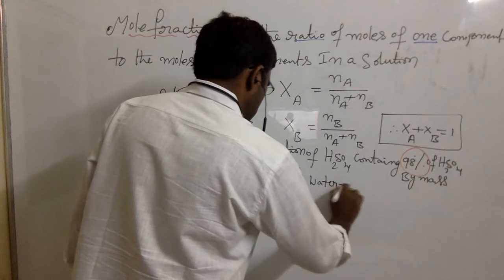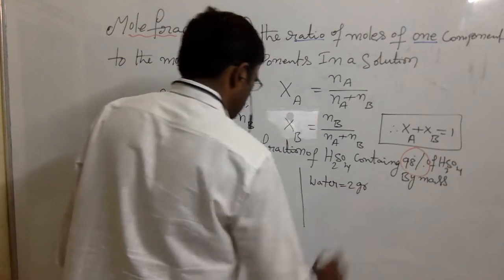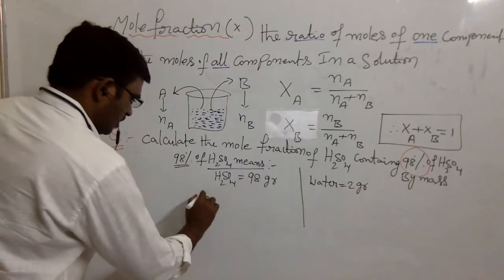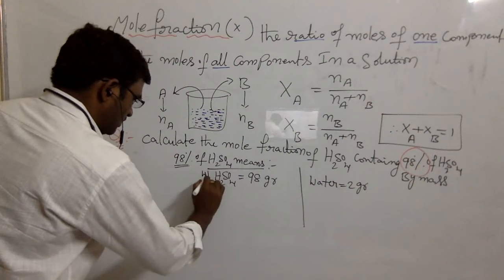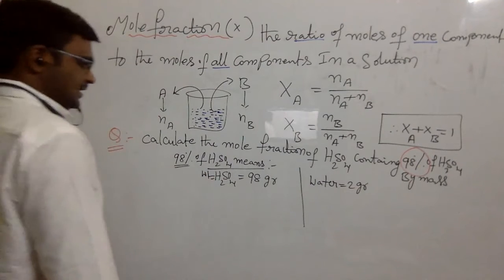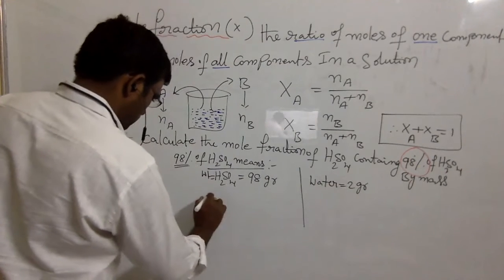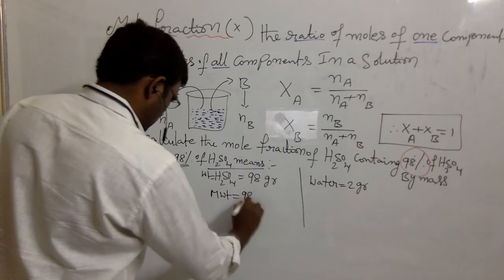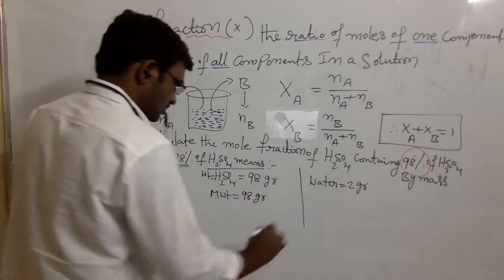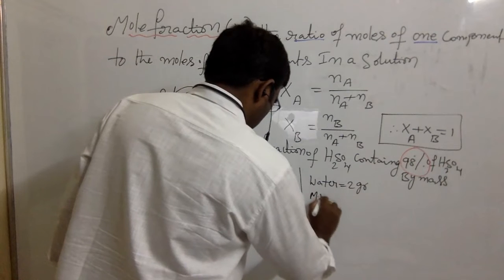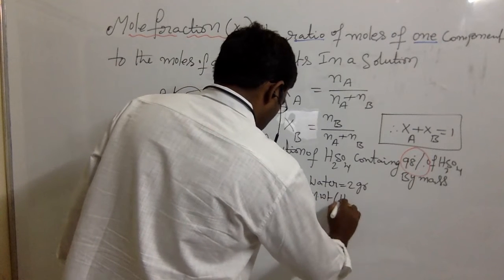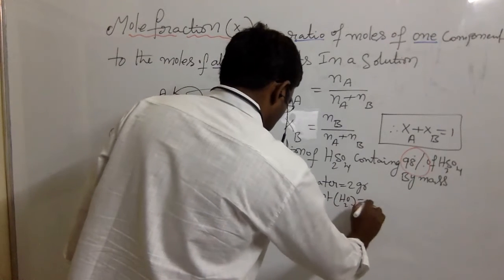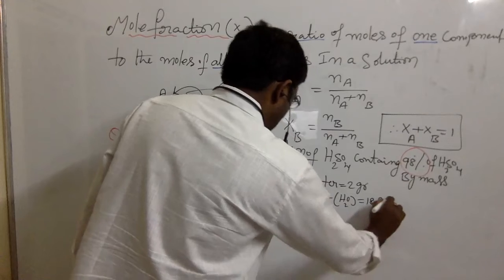Here the weight of sulfuric acid is 98 and the water is 2 grams. You know, the molecular weight of sulfuric acid is 98 grams. Then the formula of water is H2O, and its molecular weight is 18 grams.